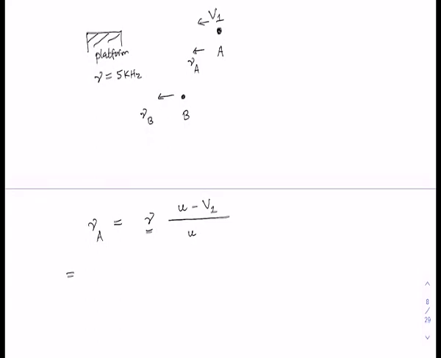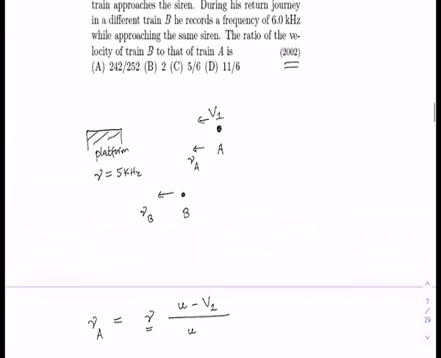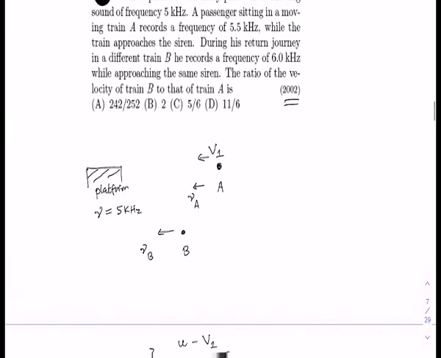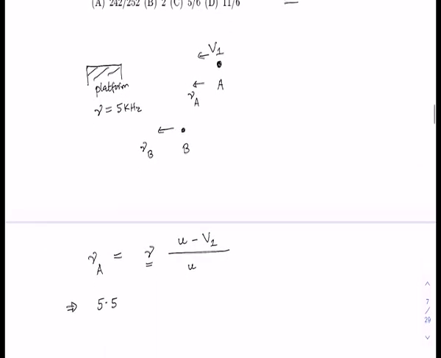If I put the values here, the train records a frequency of 5.5 kilohertz, and the source frequency is 5 kilohertz. So I have (u minus v1) by u, or I can simply write 5.5 equals 5 minus 5 v1 divided by u.